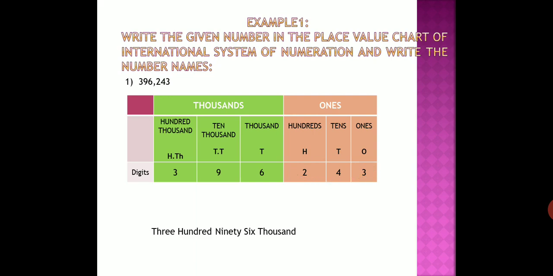So we will just write it as 243. So we are just combining the numbers according to the period. Here under the period 1000 you have 396. So the number name comes as 396,000. Under ones you have 243. So together we will write it.